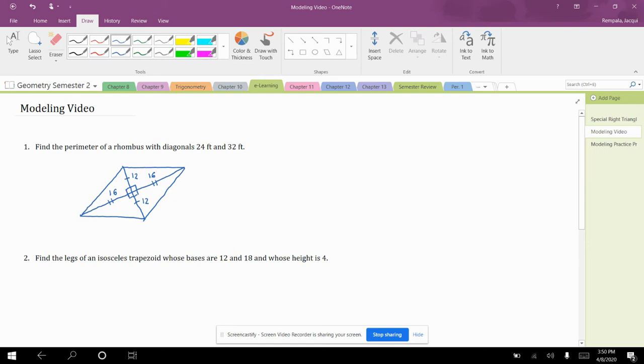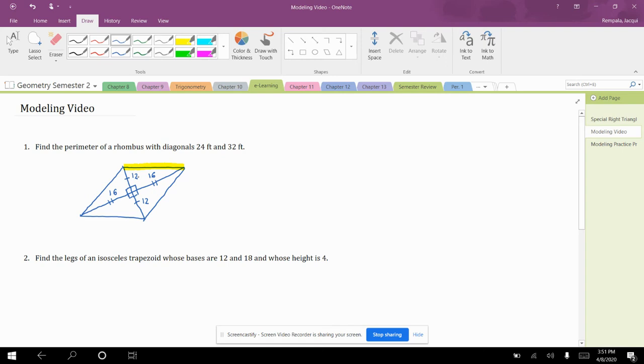So now you have all of these right triangles where you have two sides. Your goal is to find the third side, which notice that in every single triangle, it's across from the right angle. We want to find the hypotenuse. So you could use the Pythagorean theorem, or you could think about your special right triangles.